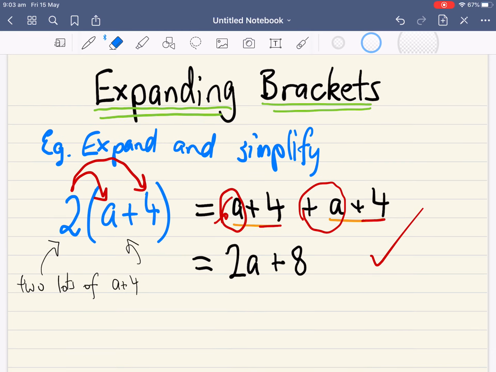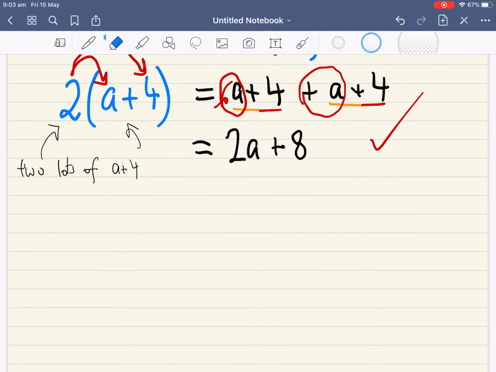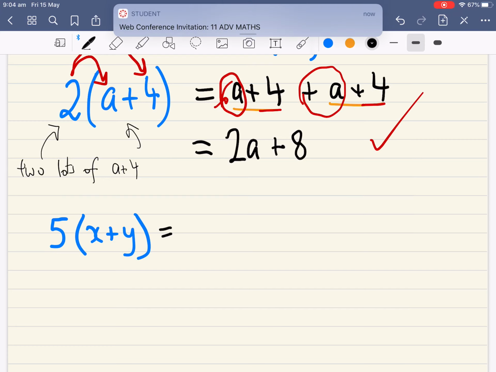All right, let's have a look at another example and see if maybe we can find quicker shortcut ways of answering this. Let's say we had 5 lots of x plus y. Okay, so in this case, now we have 5 lots of x plus y. So if I was to write it out the way we did in the previous example, what does that mean?